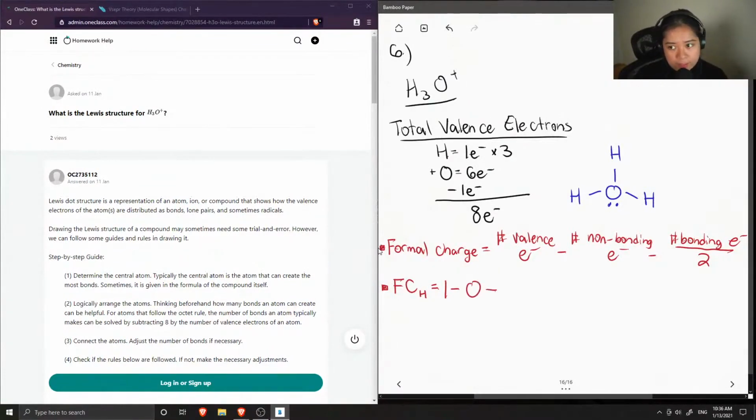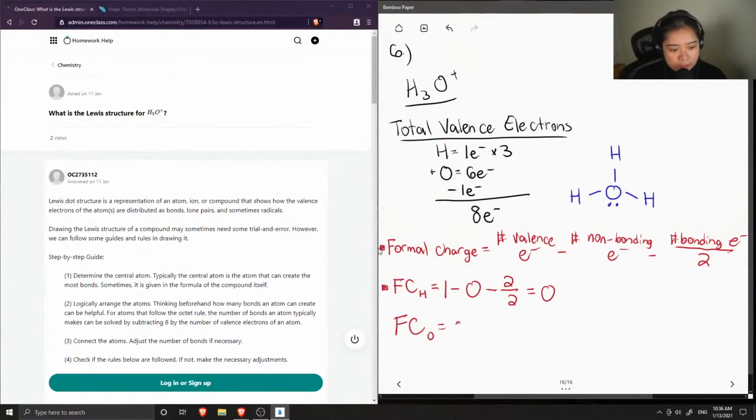And all of them have a single bond, so this means there are 2 bonding electrons. We divide this by 2. So the formal charge of all of the hydrogens is just 0. So they're all neutral.